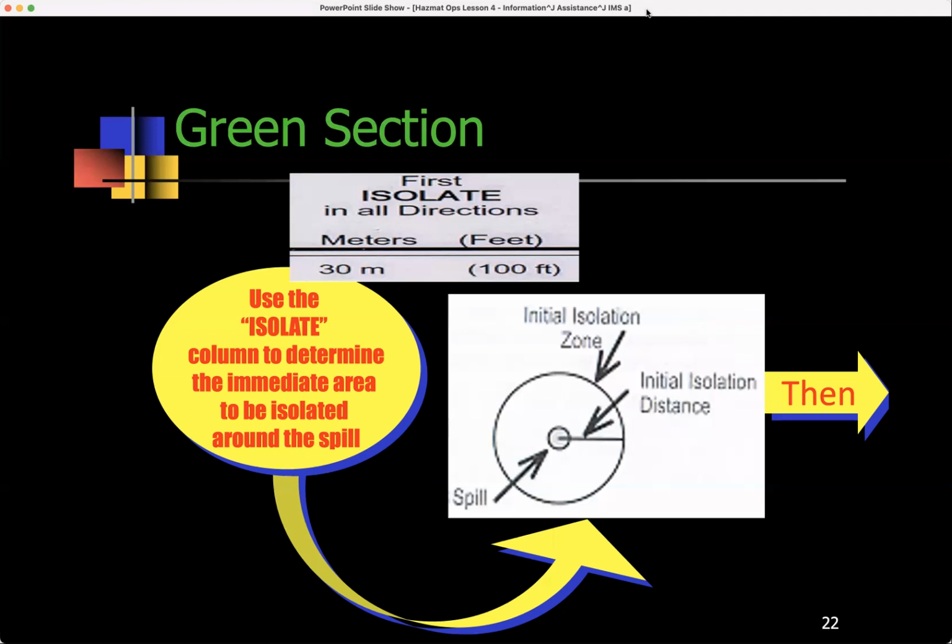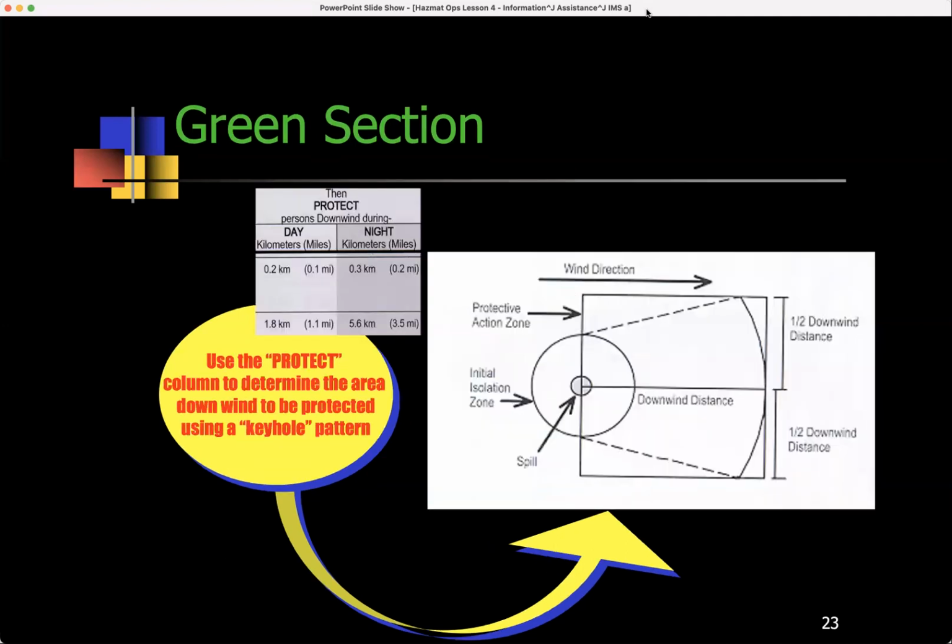Okay, so if you establish the initial isolation zone, then protect downwind, depending on whether it's day or night. This area is somewhat of a keyhole pattern. You take your initial isolation point and move downwind how far it says.